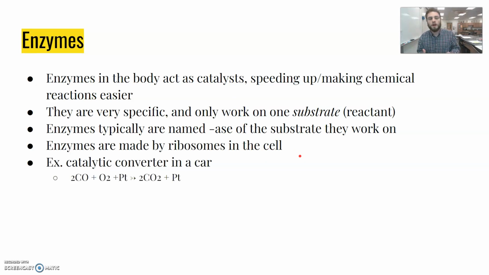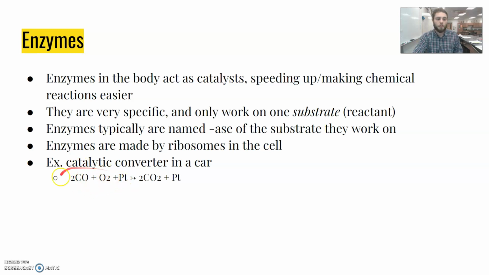And so we use our knowledge of enzymes actually in a part of our car known as the catalytic converter. Here you have carbon monoxide being formed and oxygen being present from the processes in the car. But carbon monoxide is a poisonous gas, and you don't want to release that into the atmosphere. Well, what you can do is use platinum as an enzyme, quote unquote, to allow a chemical reaction to take place between carbon monoxide and oxygen.